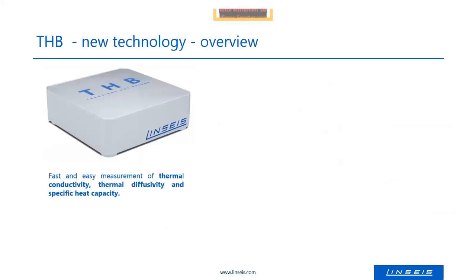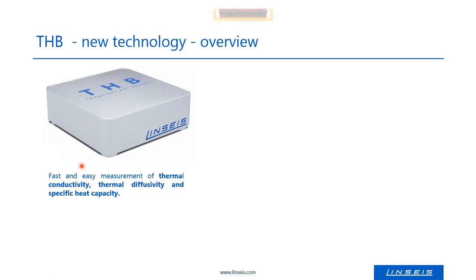The Transient Hot Bridge, as I told you already, is a hot wire technique. And the good thing with hot wire technique is that you get directly, as a result, the thermal conductivity. That's not the situation for the optical methods, for the laser flash, for example.